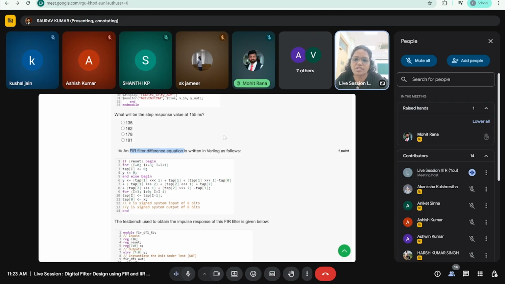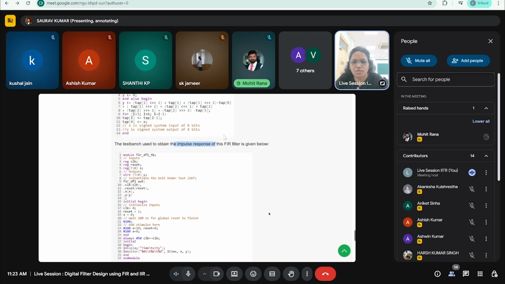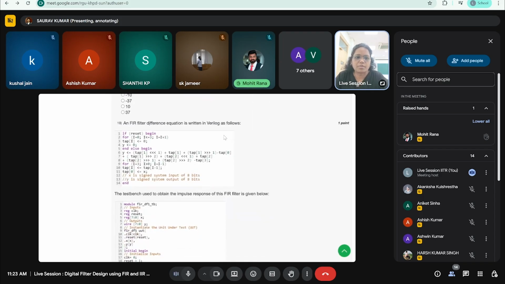Similarly, for the FIR filter, we have used the various taps. The code which is already there in the lectures, that code is simply used, and obtain the impulse response for that filter. And what's the impulse response for the FIR filter at this time? Test bench and everything.